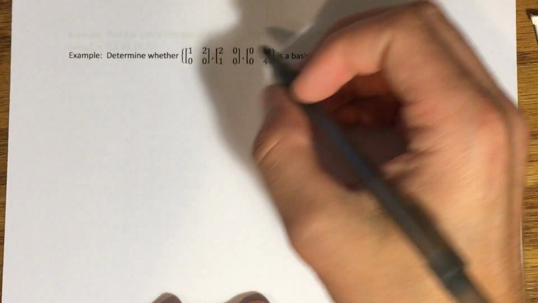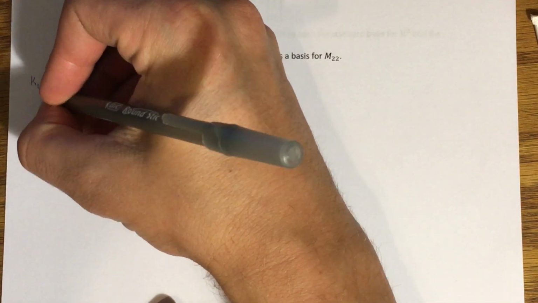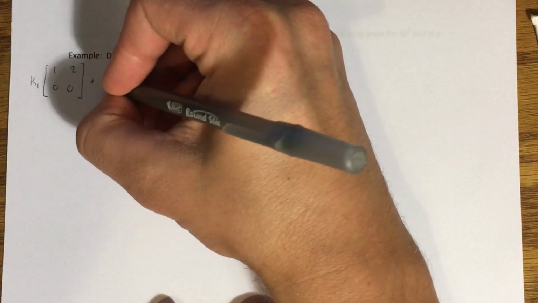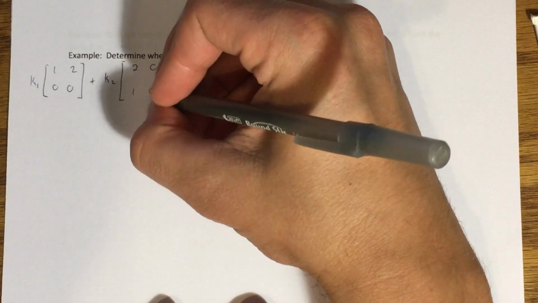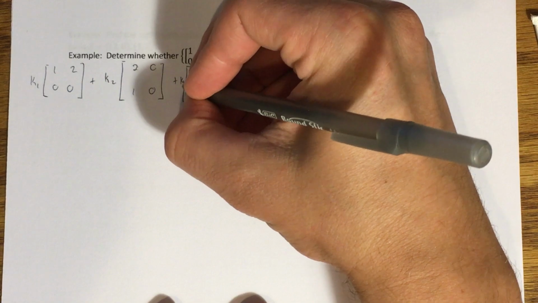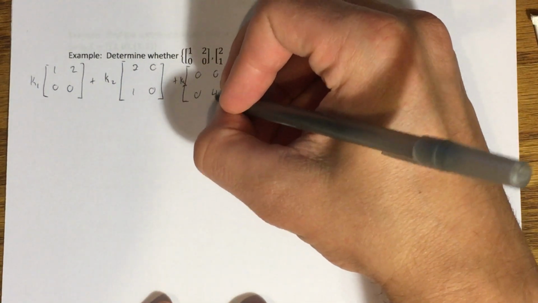Specifically, what I want to do is construct a linear combination of these matrices: K1 times [1, 2; 0, 0], plus K2 times [2, 0; 1, 0], plus K3 times [0, 0; 0, 4], with zeros here, here, and here and 4 here.